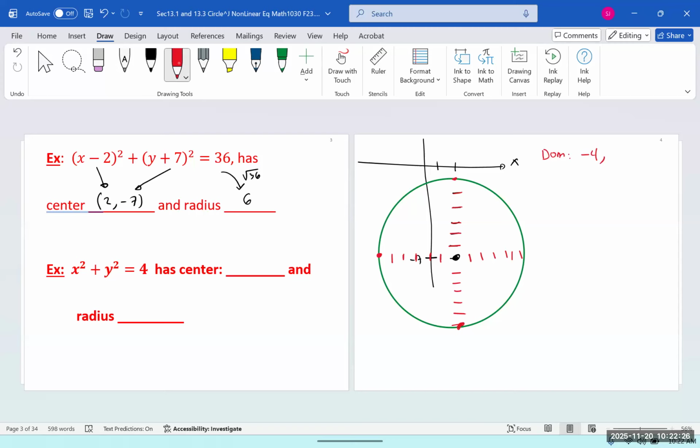Because this is 2, 3, 4, 5, 6, 7, 8. So it's from -4 to 8. -4 is here and +8 is here. And how about the range? -13 is here. And what's the highest one? -1 is here.